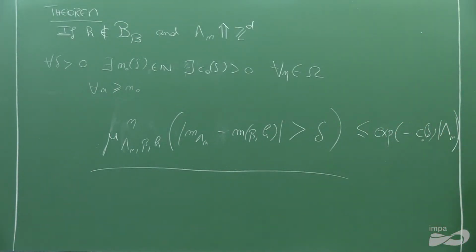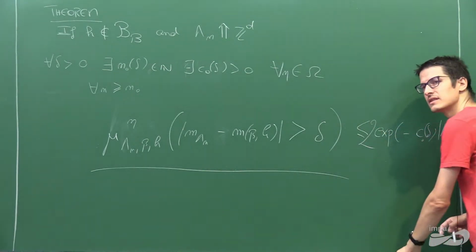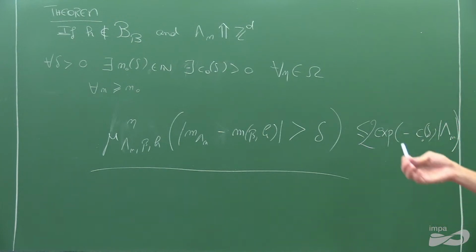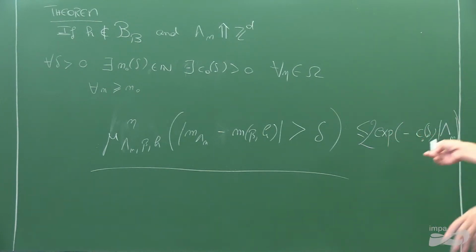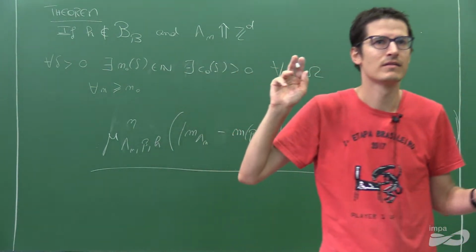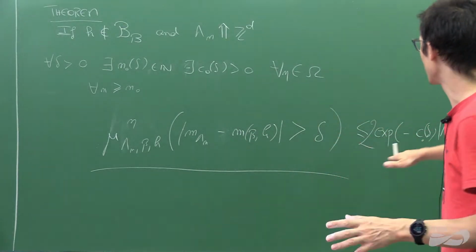Before trying to prove it, let me rewrite it in some other manner. First of all, saying that this is smaller than this, or that this is smaller than this, is kind of equivalent. You just change the value of n_0 and C_0, and things will go fine, if this is valid with a factor 2.